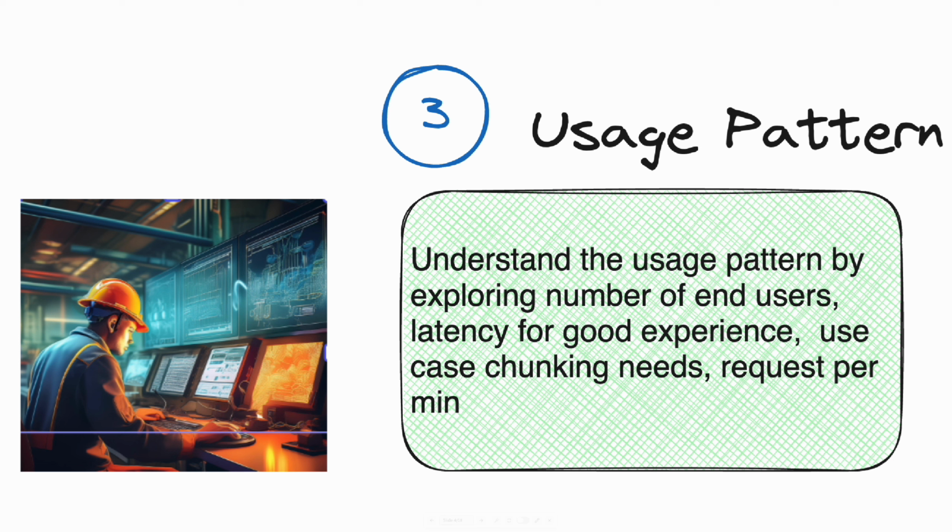Understand the number of end users, and the latency needed to provide them with a good experience. Some need good short-term microsecond latency, some just need a few seconds of latency. So understanding that is very important. And also understand how many requests per minute, how many users are accessing, and how many times they're accessing this application. It's very important to figure out and pick the right framework for your use case.